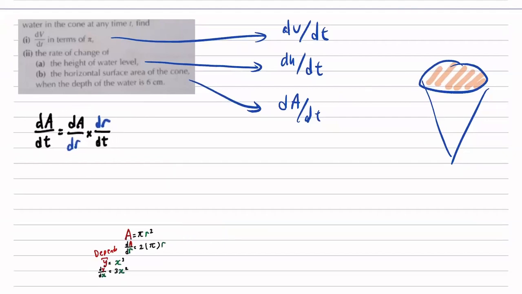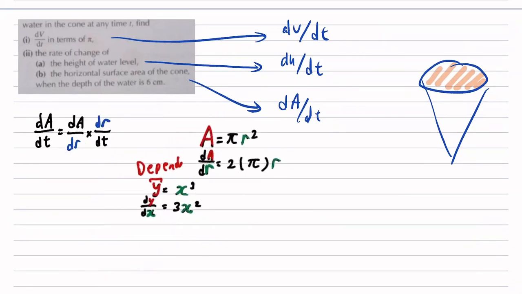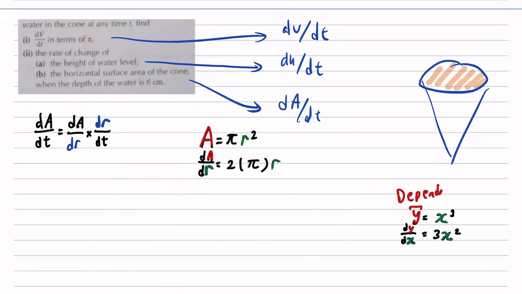We realize that maybe we can fill in the blank with dr. Why? Because we realize that A equals pi r squared, and then we can find dA by dr naturally. But then dr by dt, question mark. Don't know how to find, cannot continue. What does this tell us?